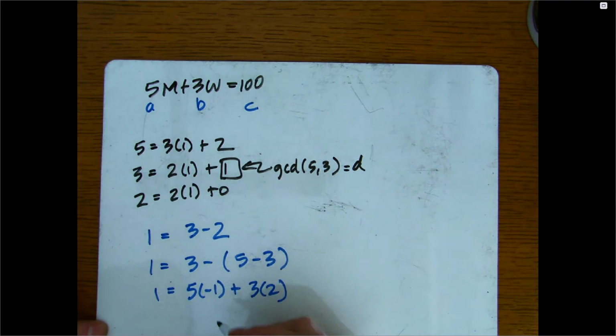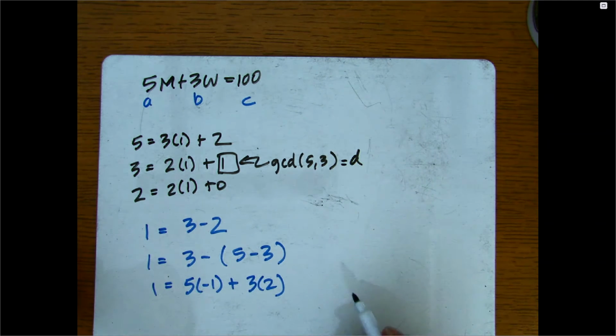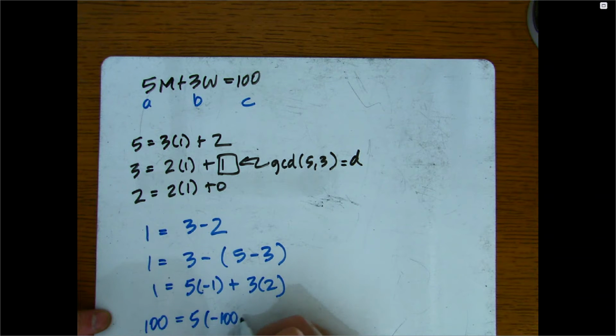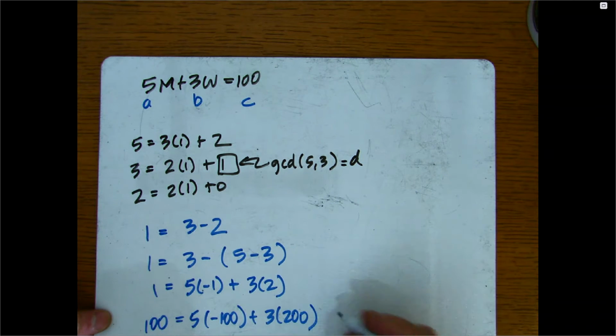Oh, not yet. No, we've got to scale it up to be 100, right? So what would I do there? I would multiply this by 100. And if I do that, I want to keep the 5 and the 3 the same, but I would write it as 5 times negative 100 plus 3 times positive 200. So what does that mean?